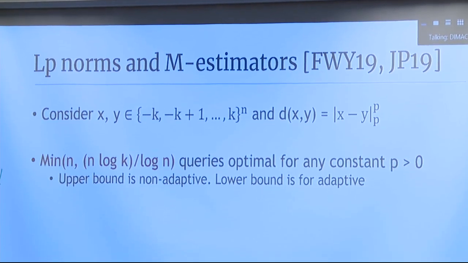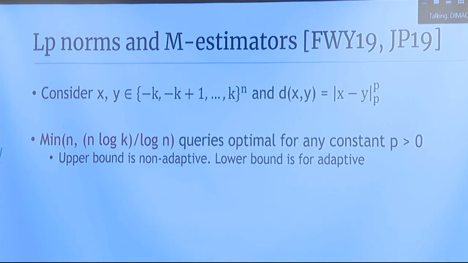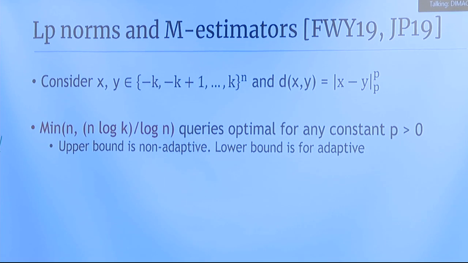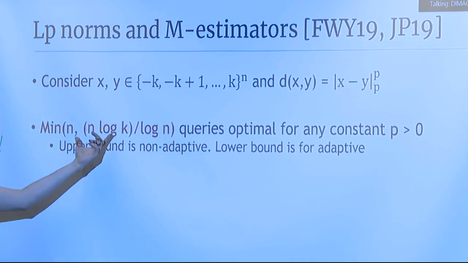We have some secret sitting in this n-dimensional box with integer coordinates, and we're making queries and trying to recover the secret. And you can show tight bounds here, up to constant factors: the answer is that you need the min of n, which is the dimension of this box, and n log k over log n queries. And this works for any constant p greater than 0.